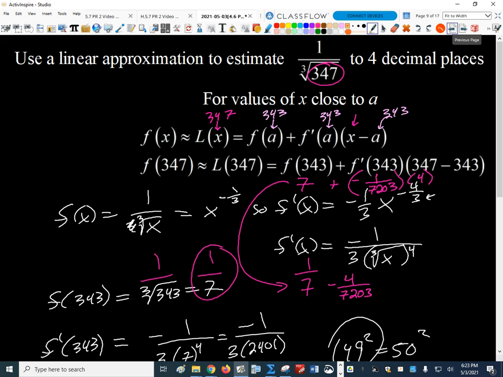So on this last example, if you had just plugged in 1 over the cube root of 347, you would have gotten that wrong, because the right answer is the wrong answer in this case. We don't want the right answer. We want the approximate answer to 4 decimal places.